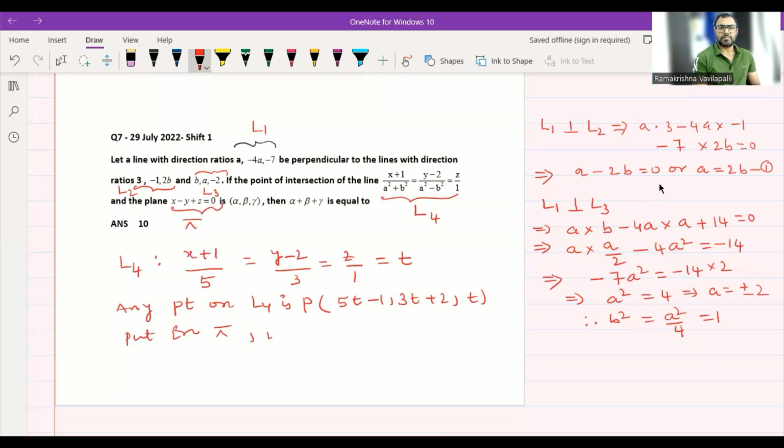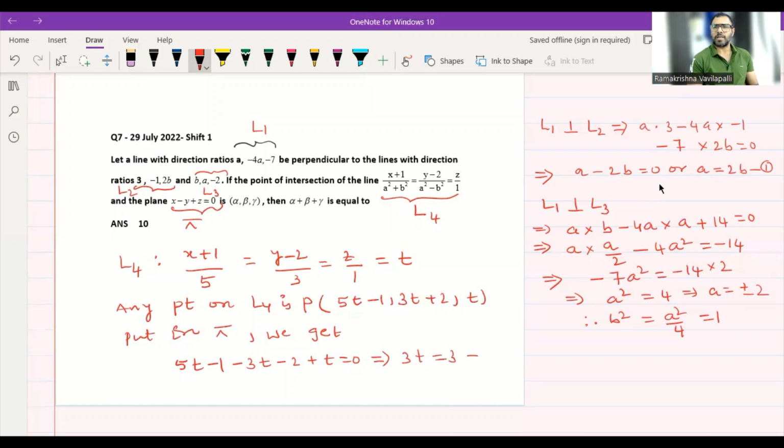We get, so here the x coordinate is 5t minus 1 minus 3t minus 2 and the z coordinate is t, equal to 0. So we will get 5t plus t, 6t minus 3t. So you will get 3t equal to 3.